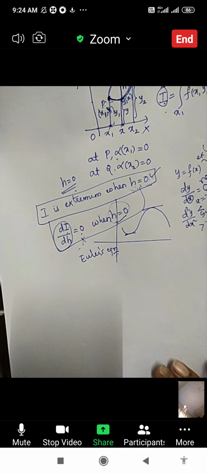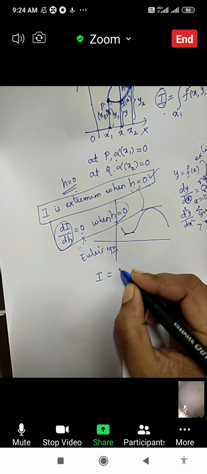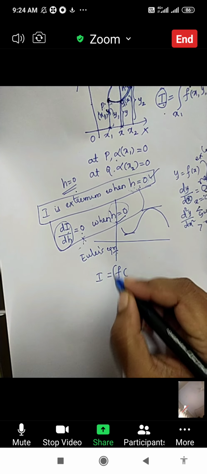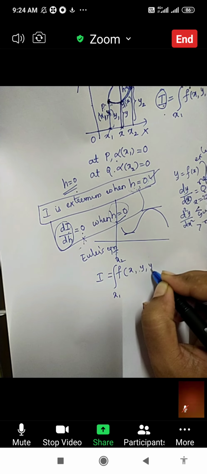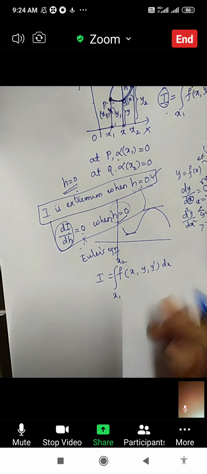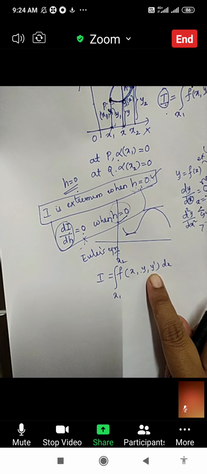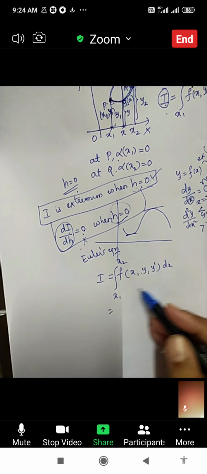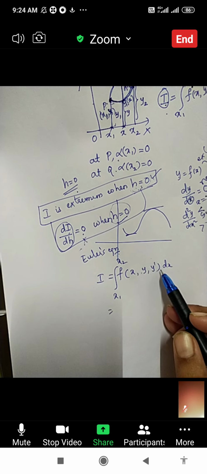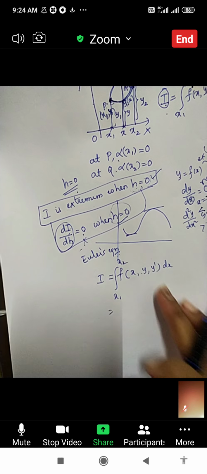I'm not telling anything different. Just you have I as integral from x1 to x2 of f of x, y, y dash. I told throughout the topic we are going to refer such function. Now, do you have any h in this? Is any h present here? Can you see any h?